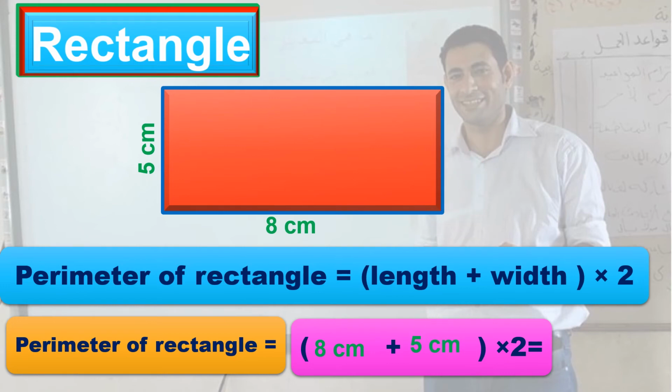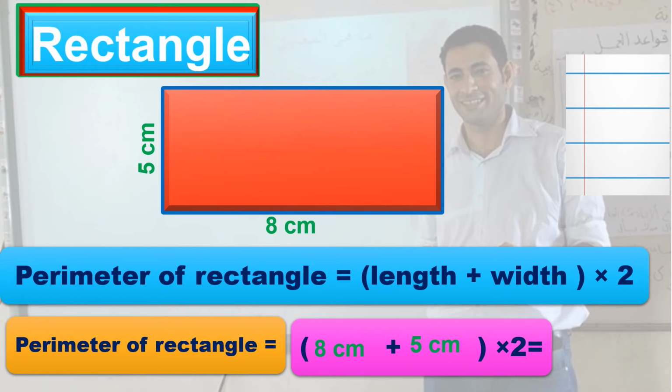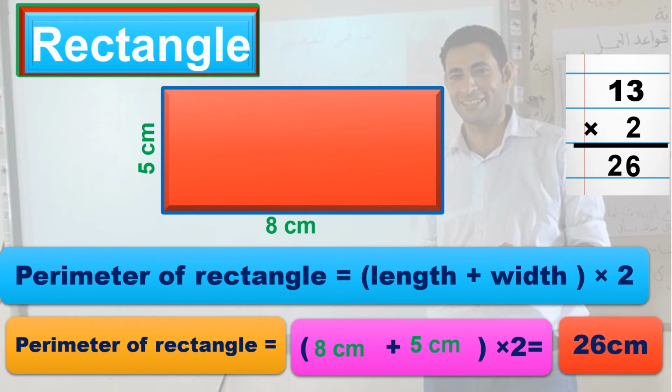Then 8 plus 5 equals 13 times 2. We can use our paper to find the result. 13 is the summation between length and width, times 2. 3 times 2 equals 6. 2 times 1 equals 2. Then the perimeter of the rectangle equals 26 centimeter.